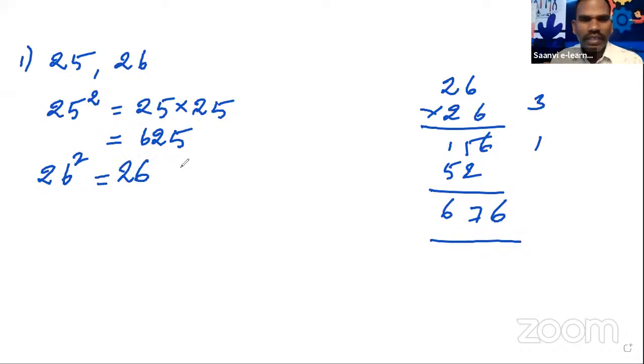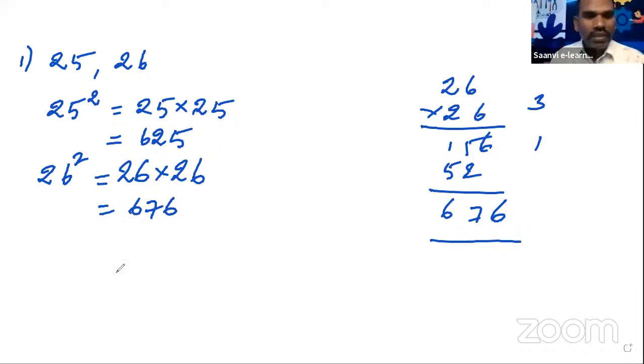26 into 26 is equal to 676. See here, 625 comes first and 676 after; between 625 and 676 we need the numbers. How can we find it?